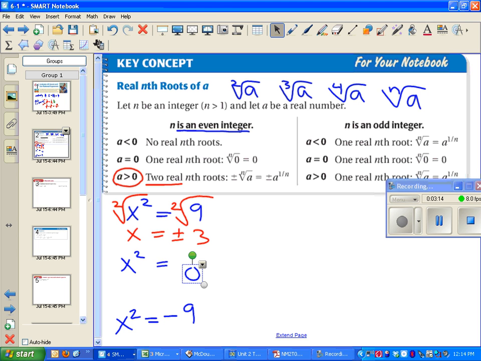Okay, so let's do it when a is equal to 0. So when I square root both sides to solve for this one, I get x equals, well, the square root of 0 is just 0. So when a is equal to 0, there is only one real root, and that happens to be 0. Right?